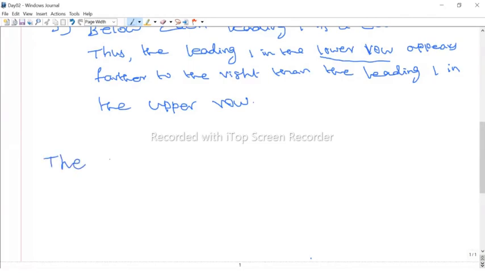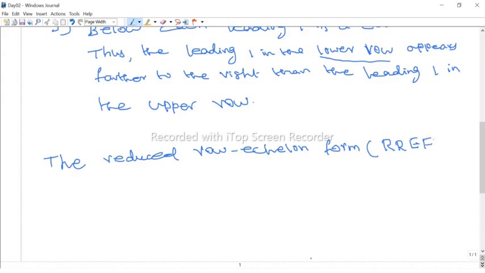The reduced row echelon form, otherwise sometimes called row reduced echelon form, RREF. Row reduced echelon form or reduced row echelon form. So the row reduced echelon form of an augmented matrix.